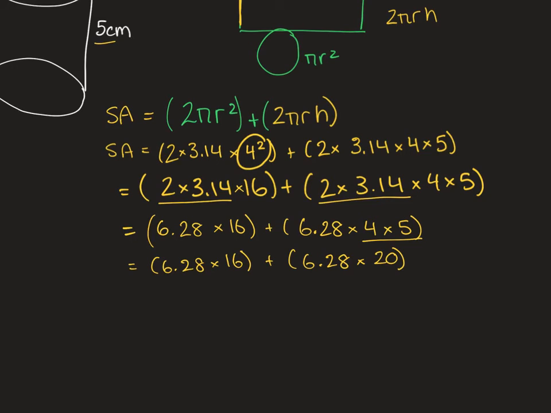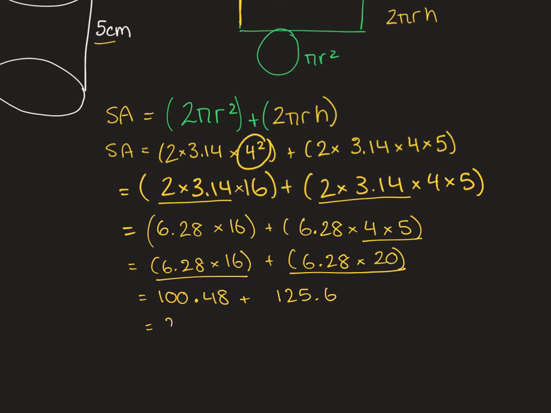And then I could do these last two sets of multiplication. So 6.28 times 16 is 100.48 plus 6.28 times 20 is 125.6. And now I can add these both together.